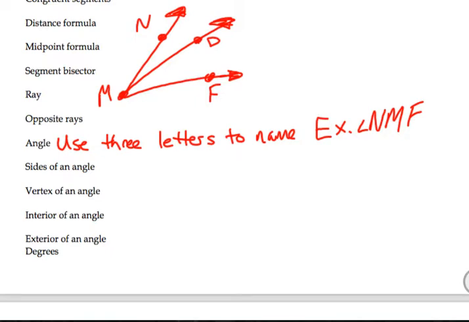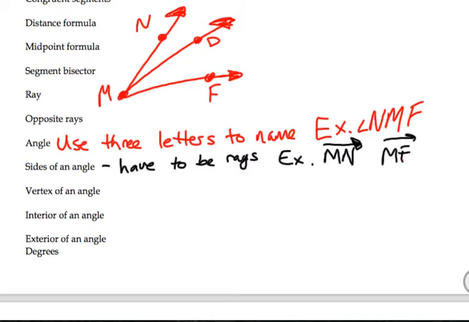Sides of an angle: the sides have to be rays. So for example, that is M, N, and I draw my arrow through it, and the other one starts at M and F. So I'm looking at the outside, M through F and M through N.